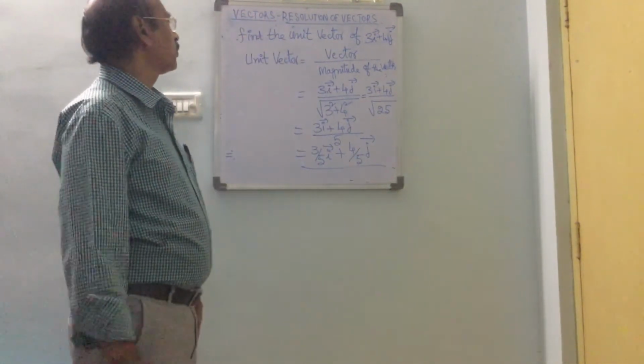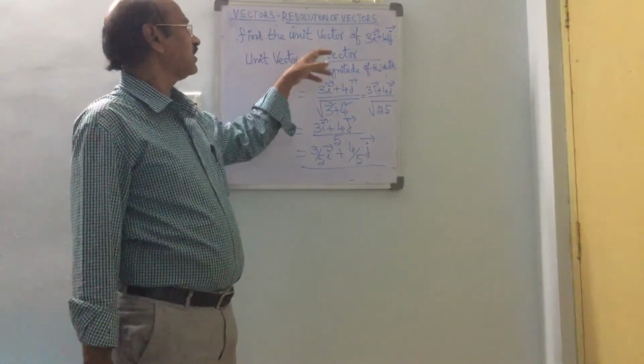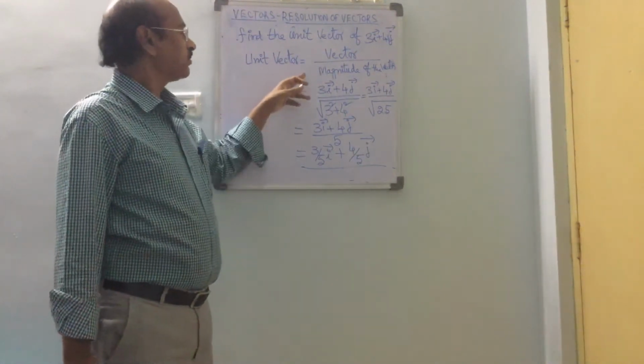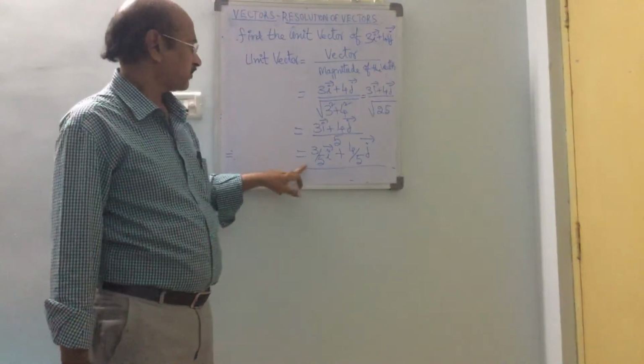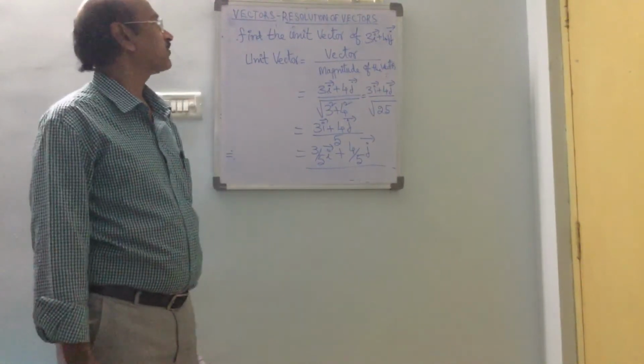So to find the unit vector, we divide the vector by its magnitude, then we obtain the unit vector in the direction of the given vector.